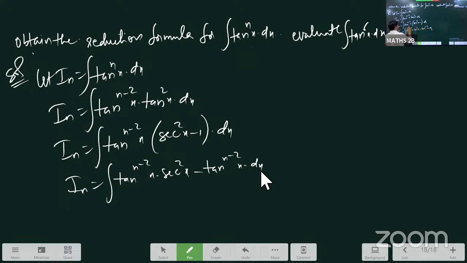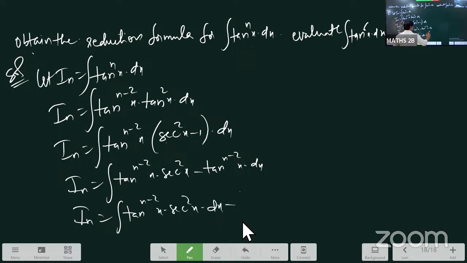So multiply tan power n minus 2 x inside. Is it clear? Now you apply your integration separately: integration of tan to the power n minus 2 x secant square x dx minus integration of tan to the power n minus 2 x dx.